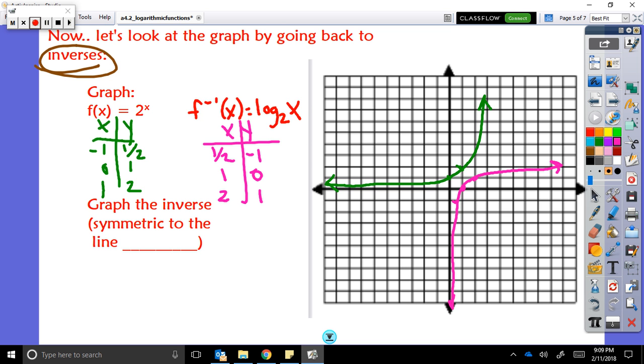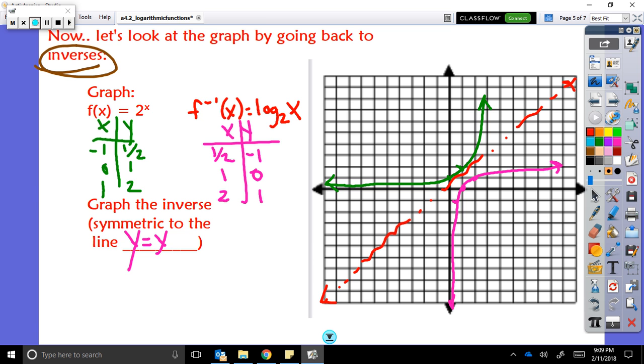Okay, and so my graph looks like this. Remember that when we graph the inverses, they are symmetric to the line y equals x. And that's that line that runs from corner to corner on our t-chart. Sorry, that looks terrible. But you can see it's a reflection across that line.